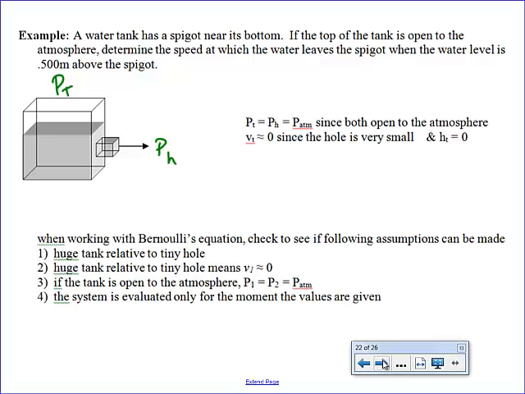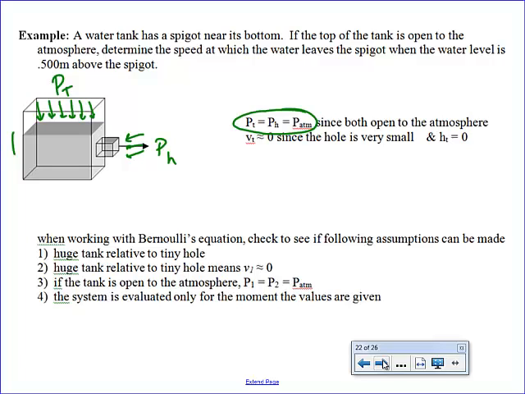Basically, atmospheric pressure is pushing in on the water both at the top and here, everywhere, and atmospheric pressure is also pushing in here. And atmospheric pressure does not change very much in 1/2 meter. That's just not a very big difference. So I'm going to go ahead and assume that all three of these are the same.